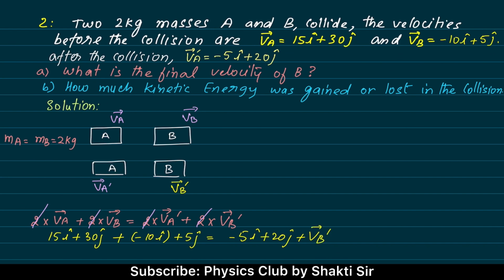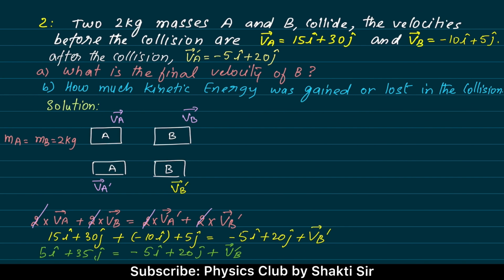So let's solve this equation. What you will get? 15 i cap minus 10 i cap equals 5 i cap plus 35 j cap, is equal to, here on the right side, negative 5 i cap plus 20 j cap plus V dash B.